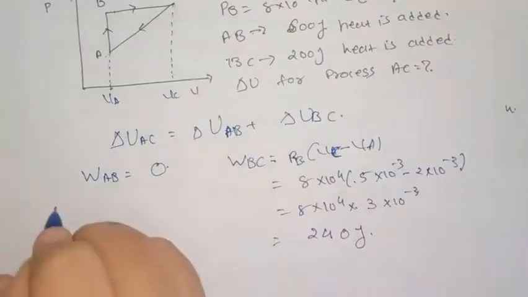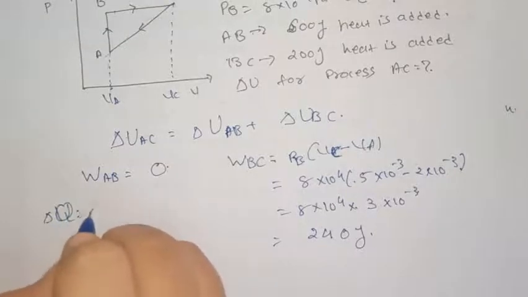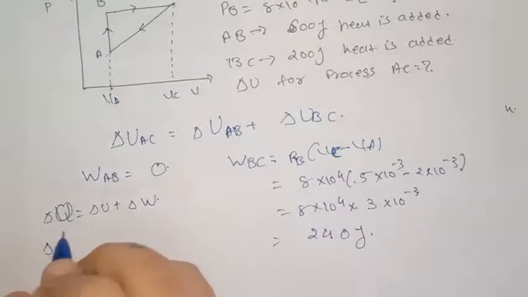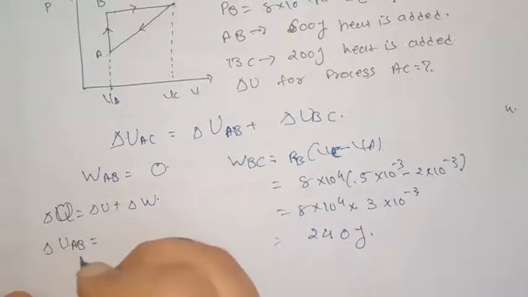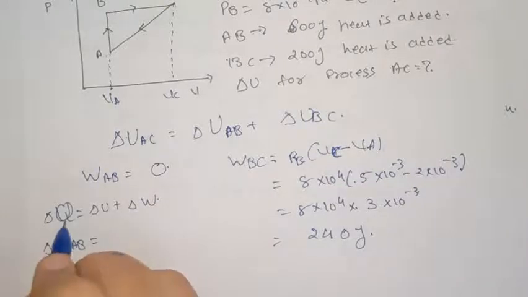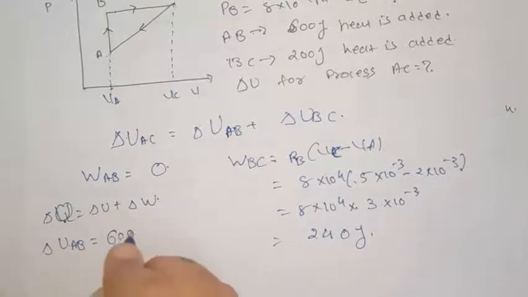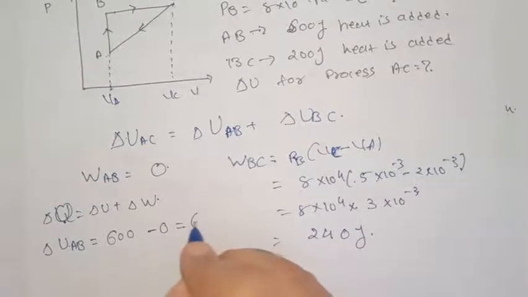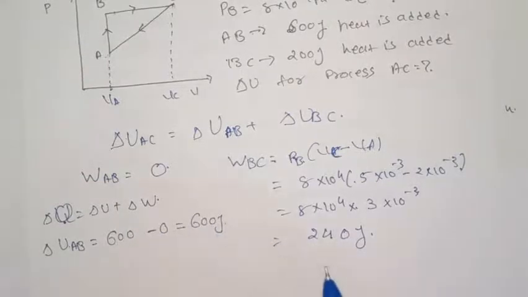Now delta Q is equal to delta U plus delta W. So delta U AB is equal to delta Q, heat added in AB is 600 joule, that will be positive, minus delta W. Delta W for AB is 0. So delta U AB is 600 joule.